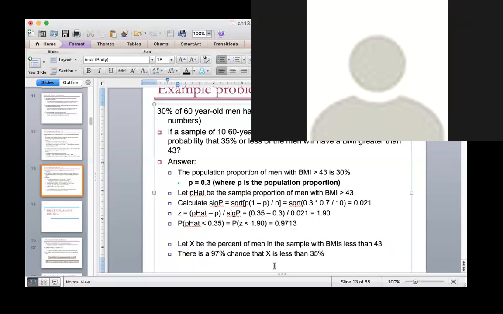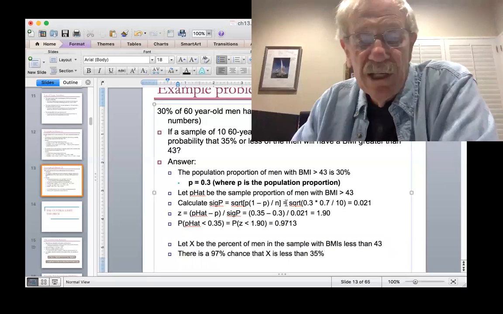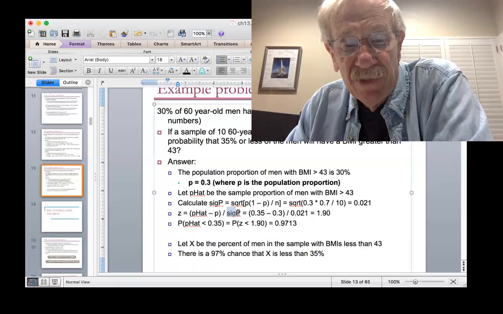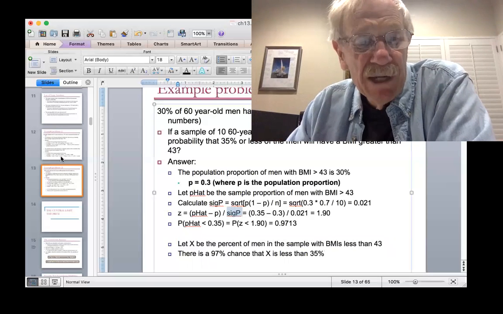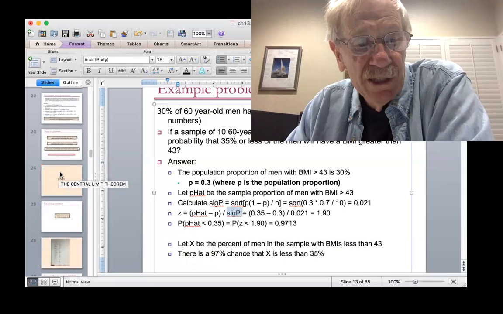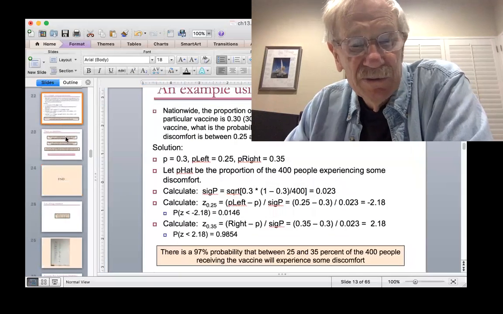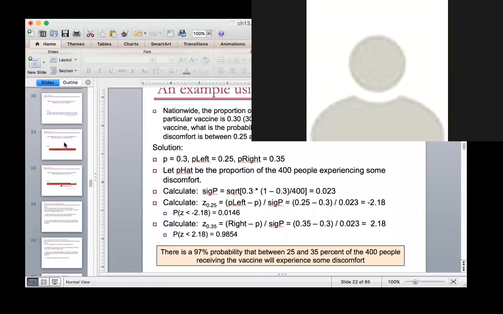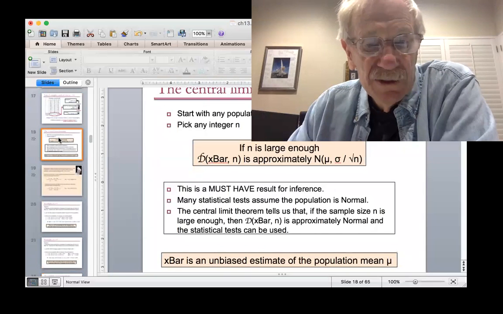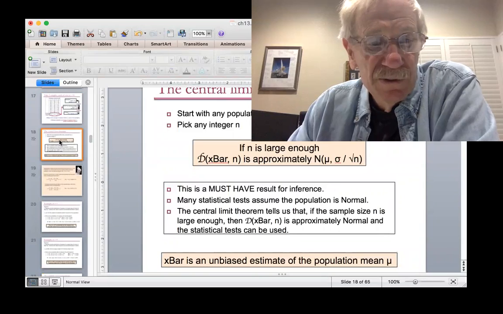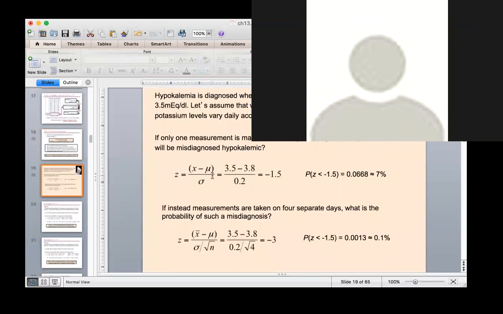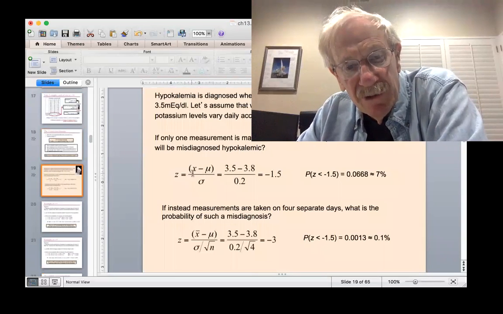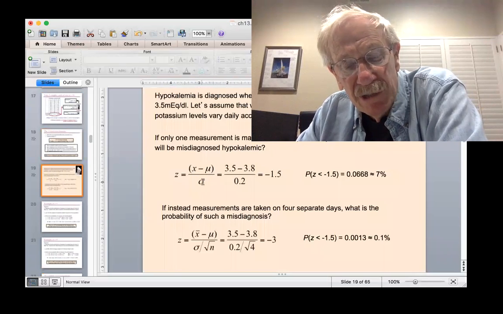What is sig p? Sig p acts as the standard deviation. Remember back in this equation, slide 19, we have x minus mu over standard deviation?